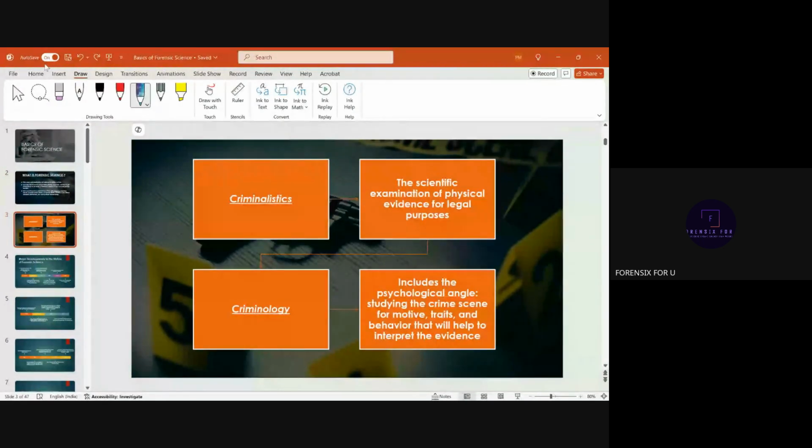So, forensic science is basically also known as criminalistics, but we should not confuse the term criminalistics with the term criminology. So, criminalistics or forensic science is the scientific examination of any physical evidence for the purpose of helping law to impart justice.